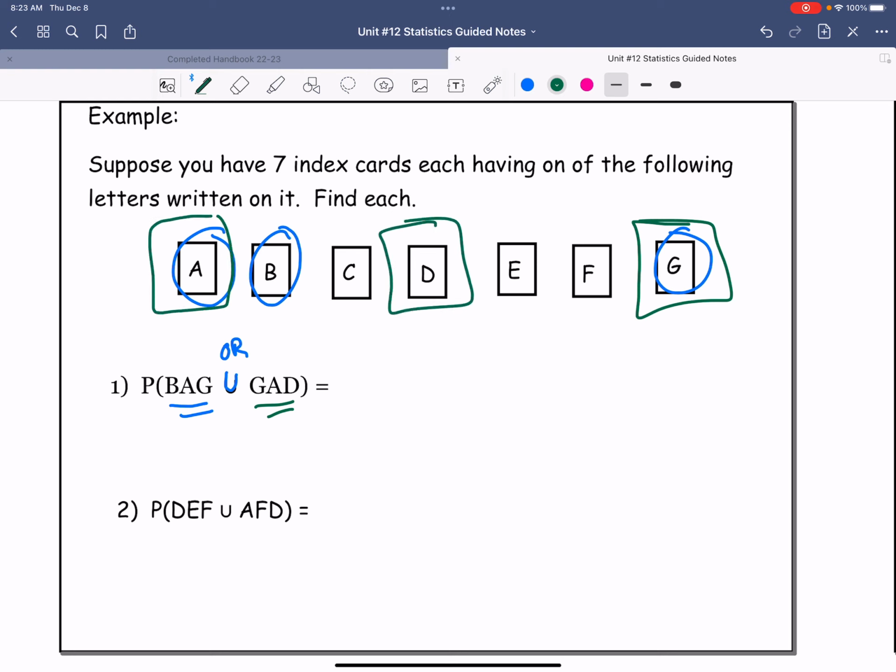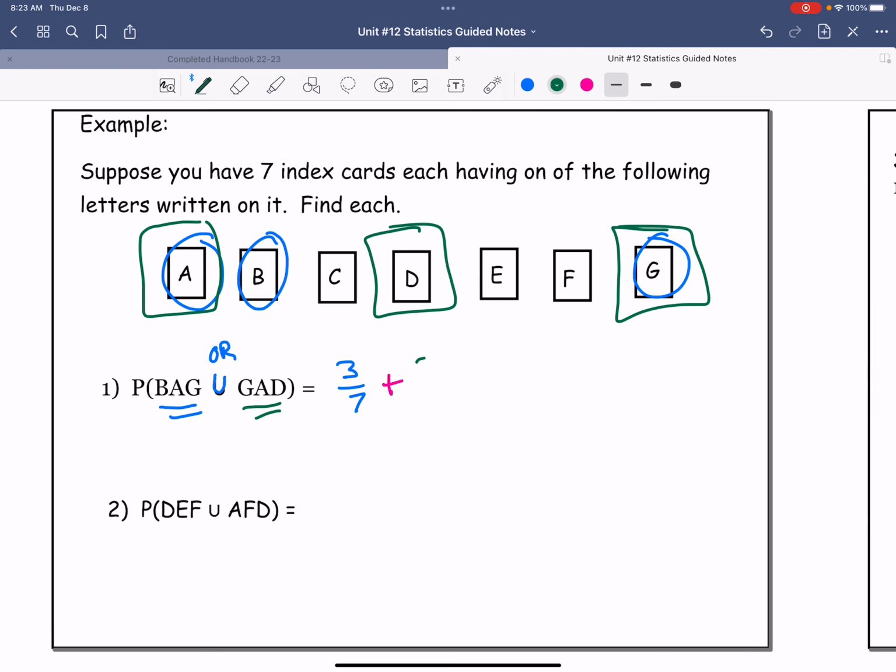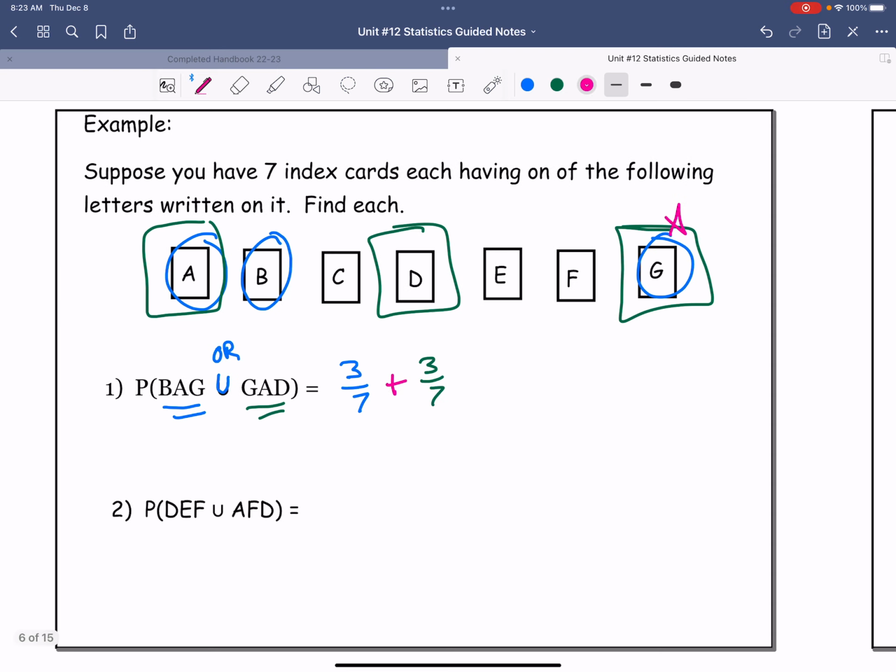So the probability of BAG we know is 3 out of the 7 total, plus the probability of GAD is also 3 out of the 7. But something's happened. We've included these two twice. They are in both of these probabilities. So we have to subtract off 2 out of the 7 and then calculate, and we get approximately 0.571.